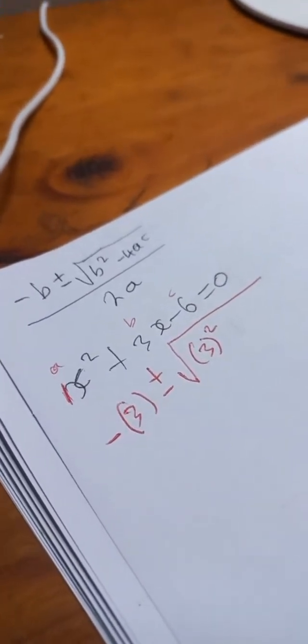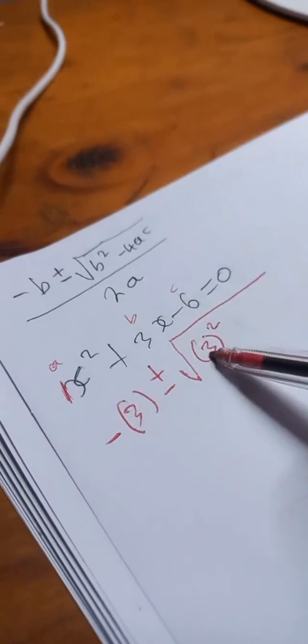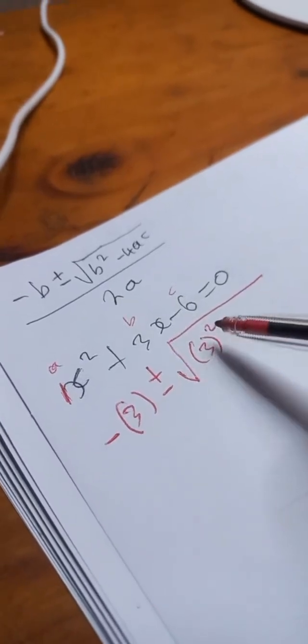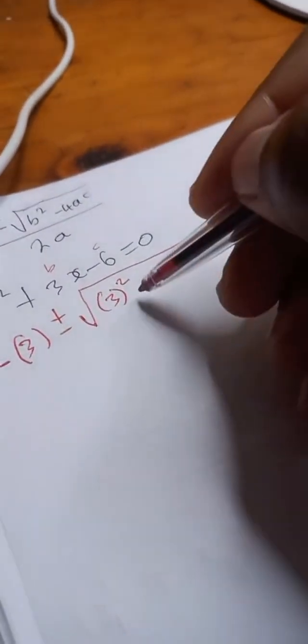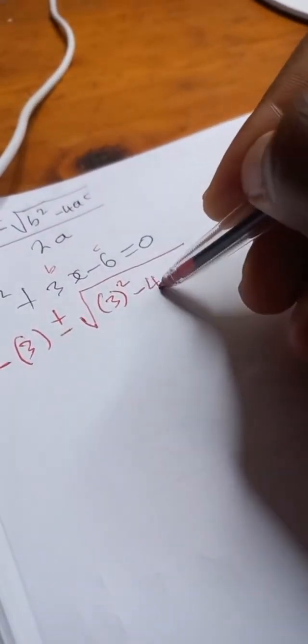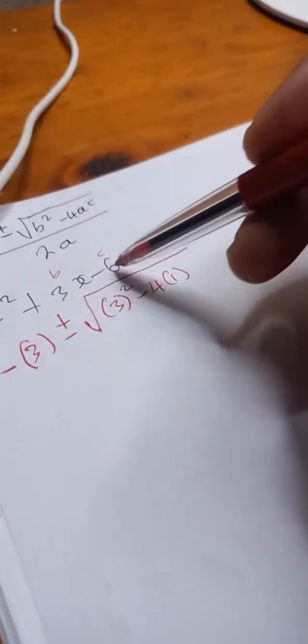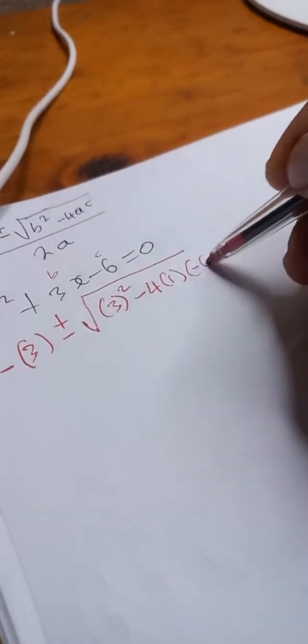I prefer the brackets because if this is negative, that negative must also be affected. So here we come, 3 squared minus 4. Our a is 1. c is negative 6, not 6.